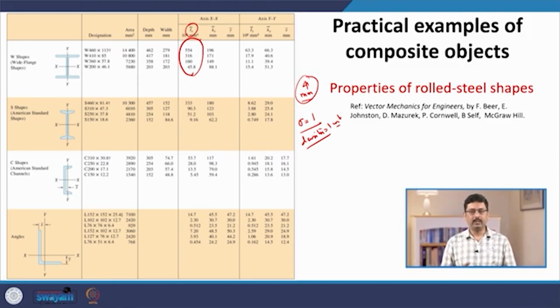To summarize what we discussed today: we took the most general definition of moment of inertia.